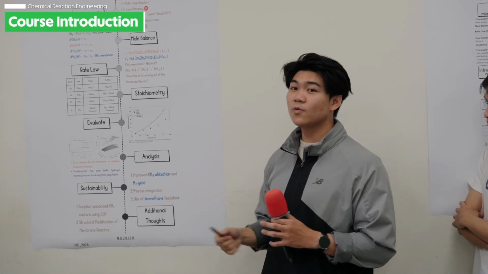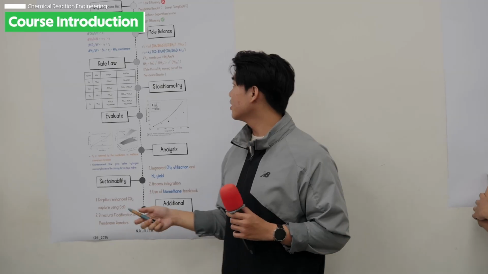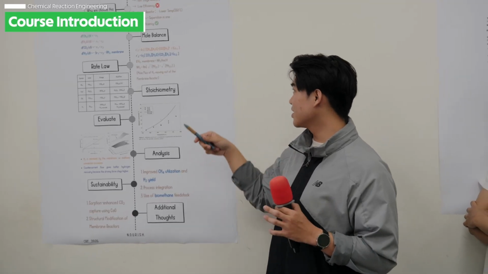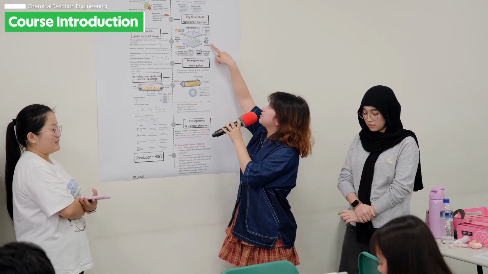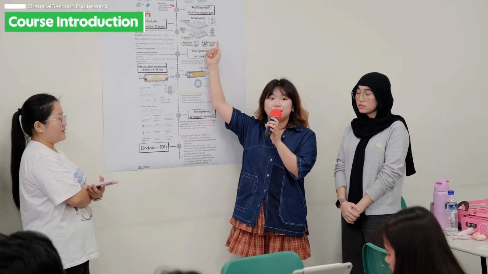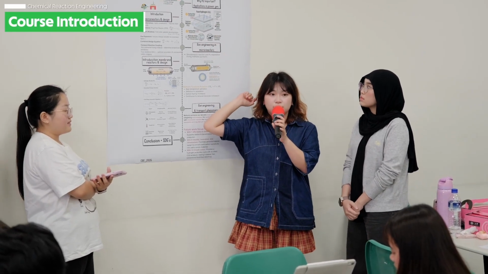By the way, in one group we have the CEO, CTO, finance manager, sustainability manager, and R&D engineer, which means that we have the whole map for this company, for this factory, and we also input sustainability here.